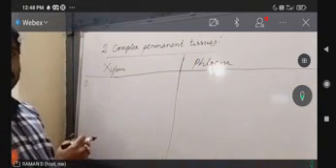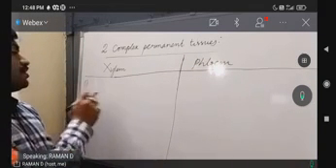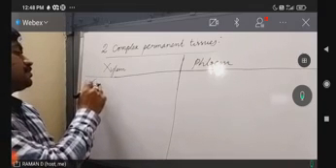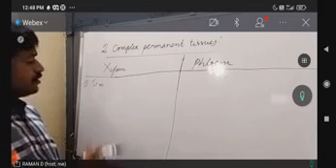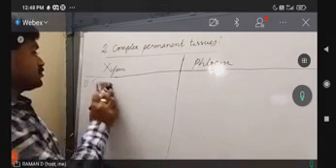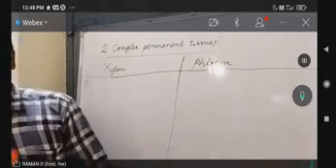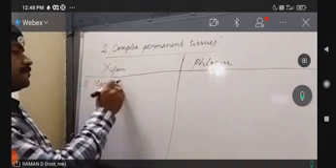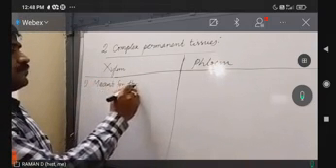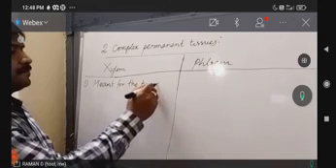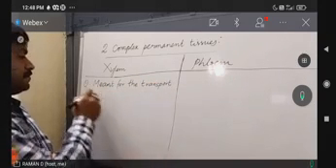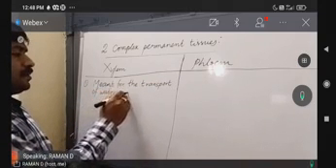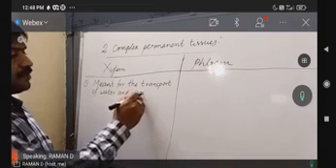Xylem, this tissue is meant for the transport of water and minerals. Meant for the transport of water and dissolved minerals in water.